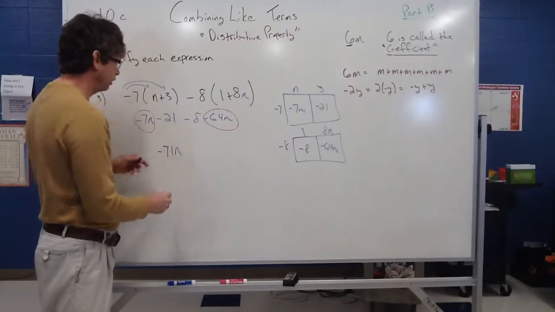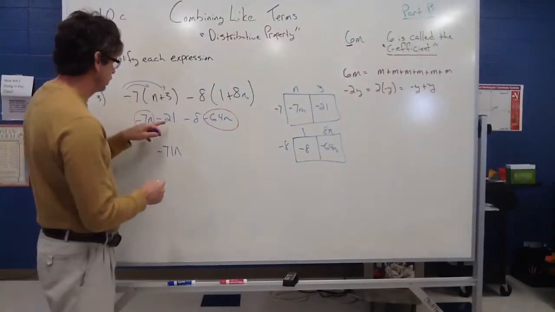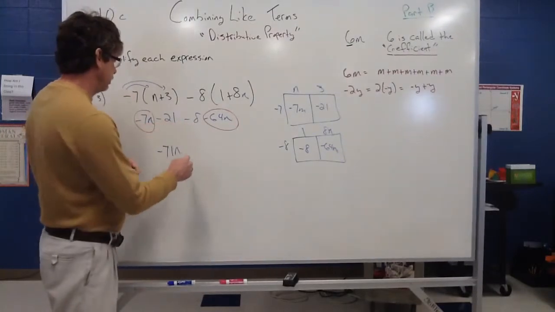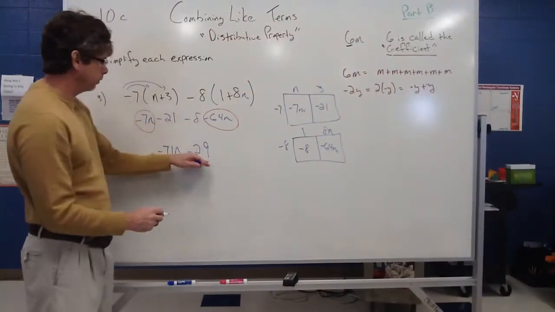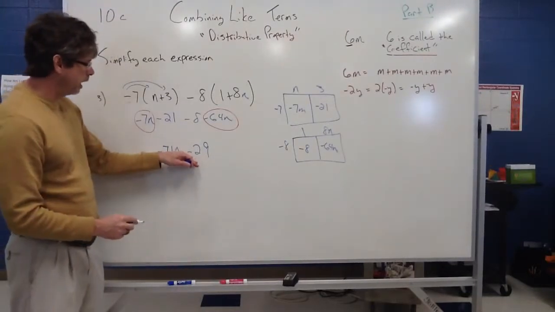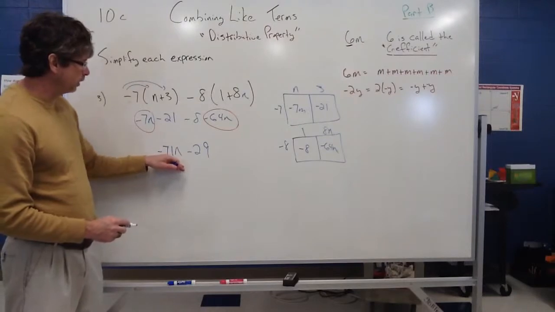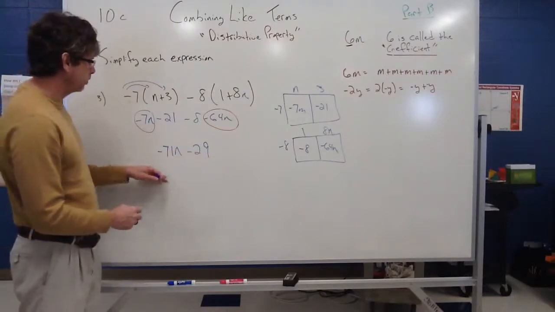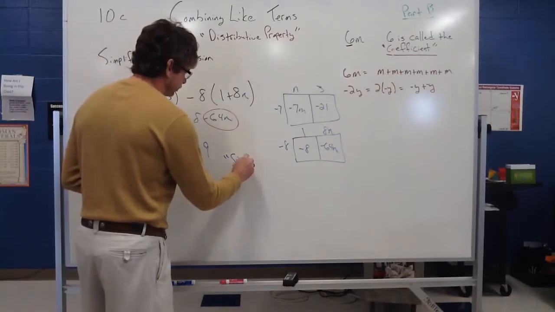So -71n. And then I can focus on this, a -28 and a -8. A -28 and a -8 would give me then a -29. So I have those two terms, a -71n and a -29, or we can also read that as -71 times n minus 29. So that would be what, again, is referred to as being simplified.